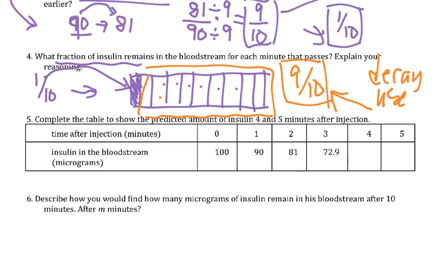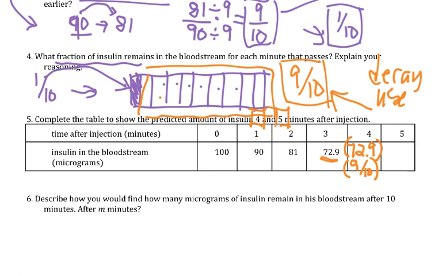All right. So what that means is I can now complete the table to predict amounts at 4 minutes and 5 minutes by taking the minute 3 amount of 72.9. Remember what we said. It's always based on the previous time multiplied by 9/10.